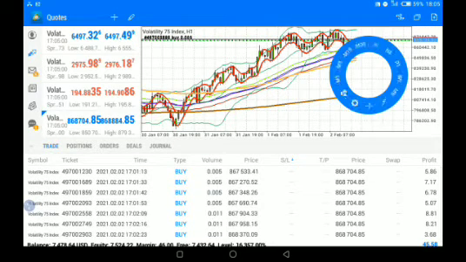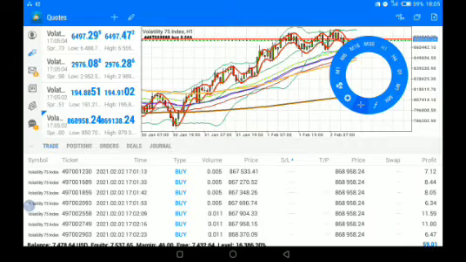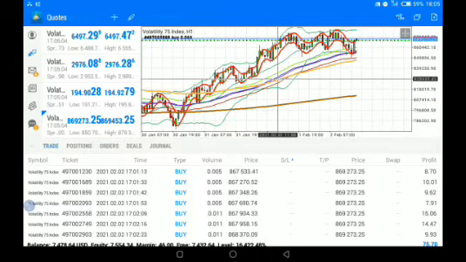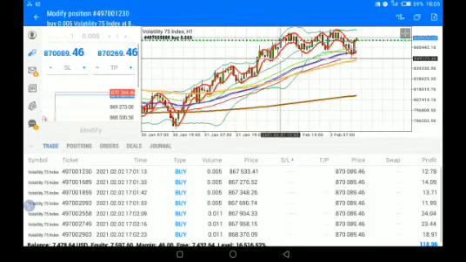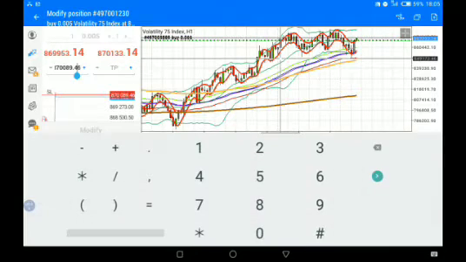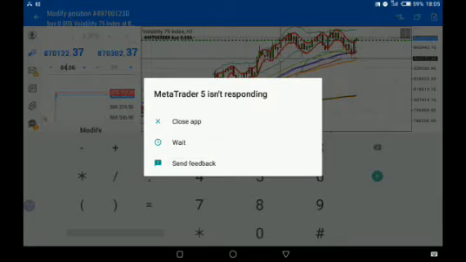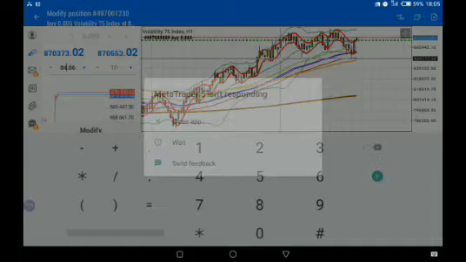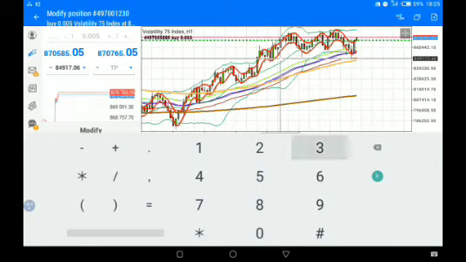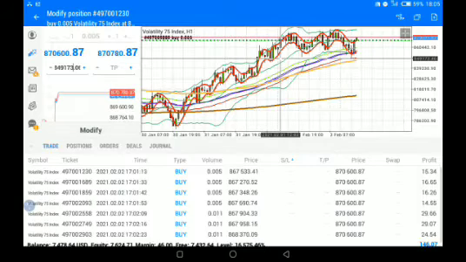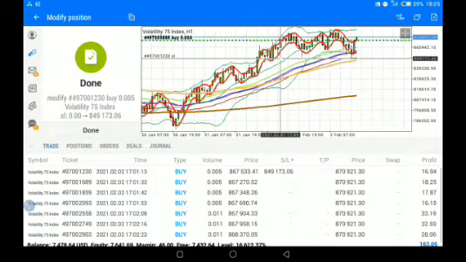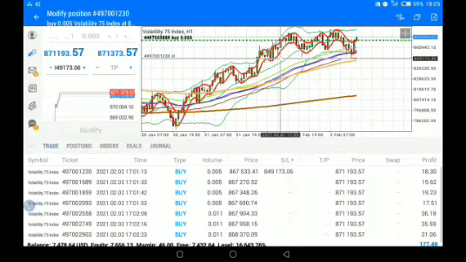So why did I take this trade? I took this trade because of the bullish engulfing candlestick setup.